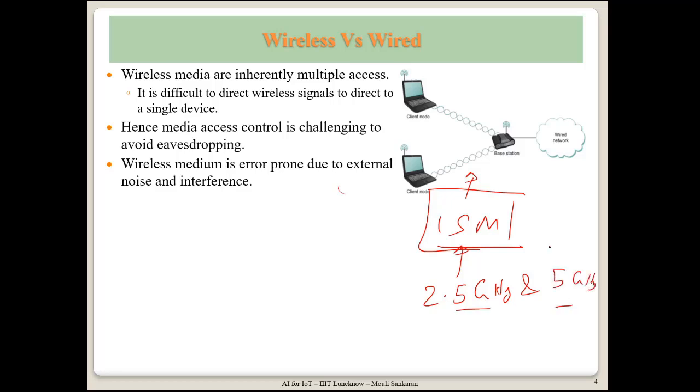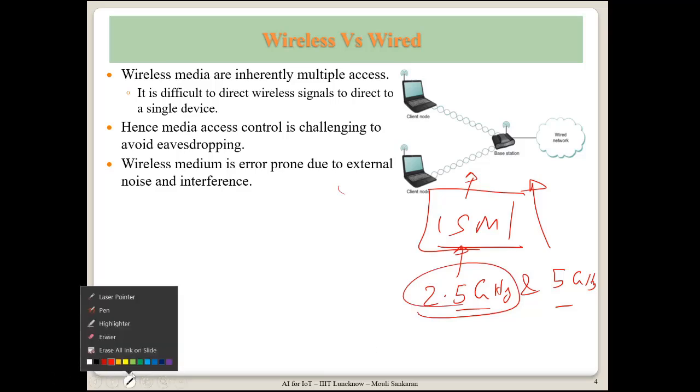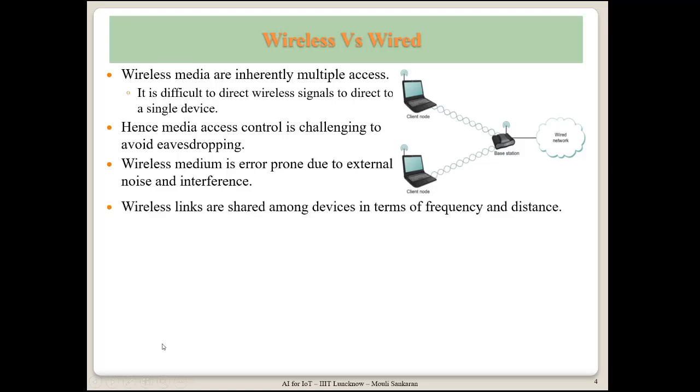These are the two frequencies these Wi-Fi routers are using. Because even your neighbor's Wi-Fi will be using the same frequency, there will be interference from multiple signals which are being transmitted in the region.